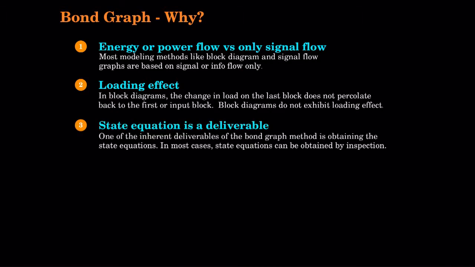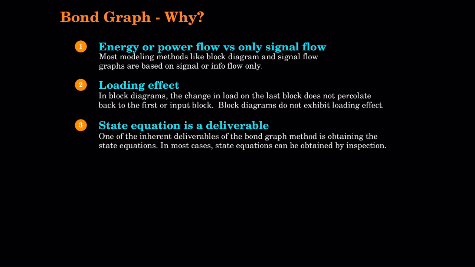You will see a change in the power flow from the source. All this happens inherently without you having to really take care of that consciously. So, this is a very important benefit that you would get, and it is closer to reality, closer to your practical system.